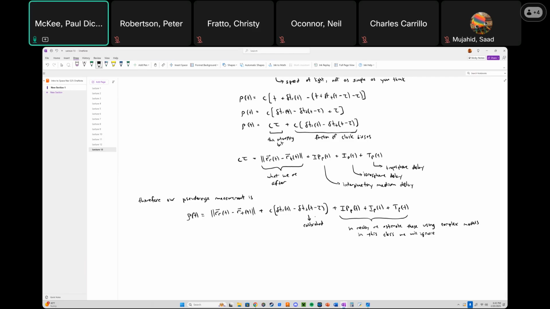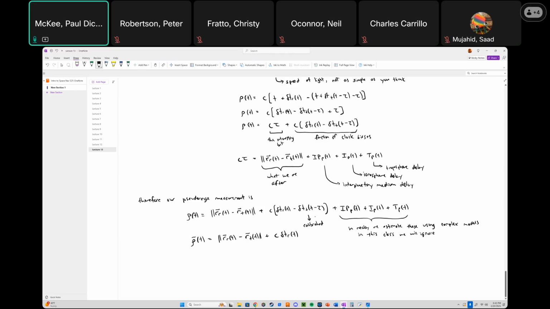So our pseudo range, which has this little tilde on top, is going to be R sub R of t minus R sub T of t plus c times delta t R of t. So we understand the transmitter bias. We've kind of calibrated that out, but there's the receiver bias.